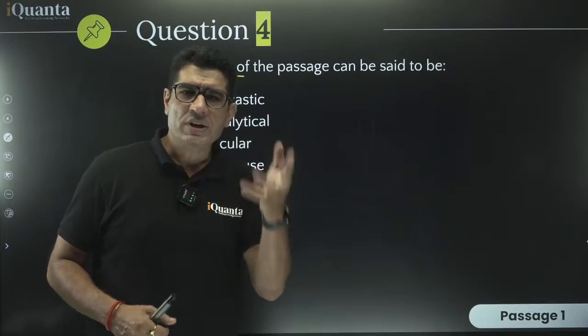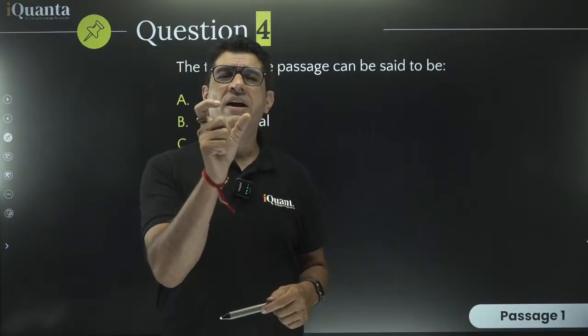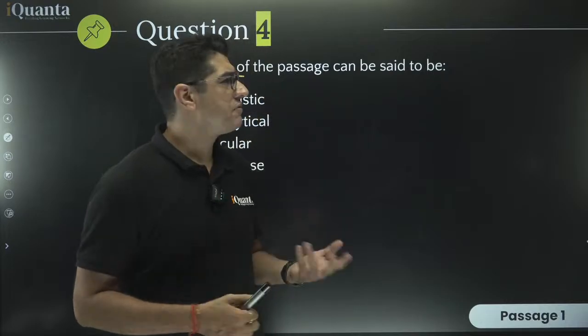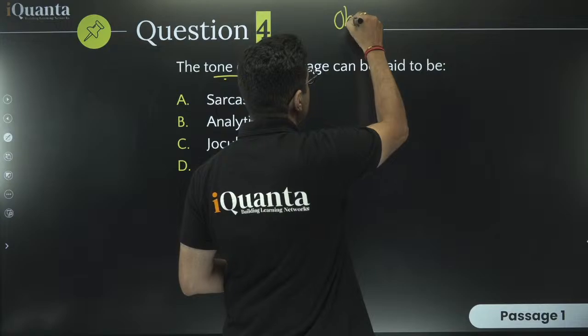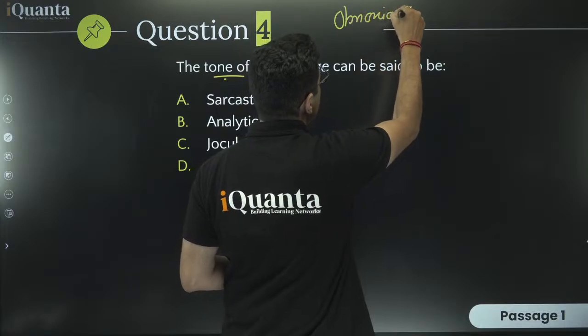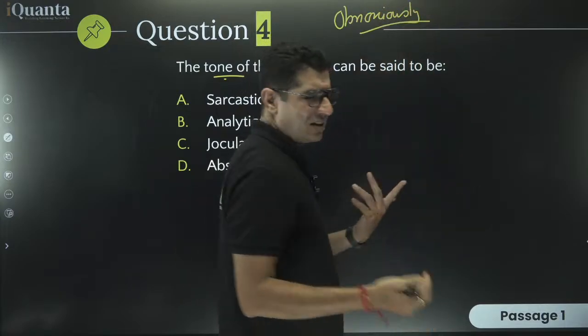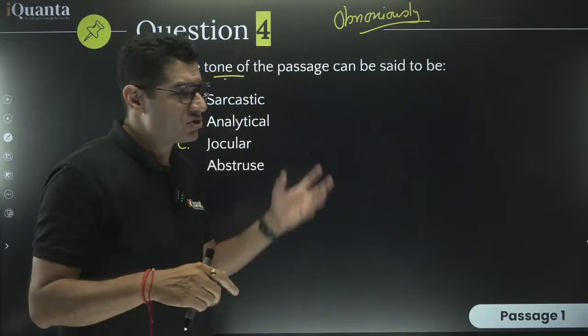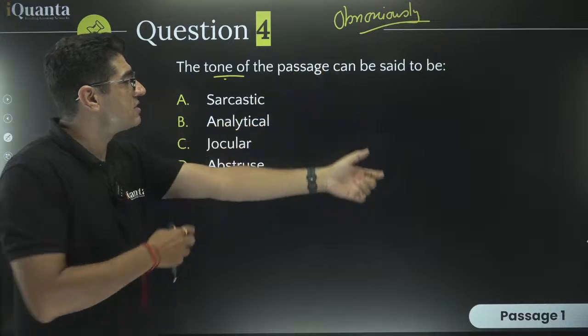Because if you know Hindi, then you know bhayanak is a negative word. For example, let's say if I use the word obnoxious, can I say the food was obnoxiously delicious? I can't. These are negative words. So that won't fit into that context. So that's how we figure out the author's attitude.